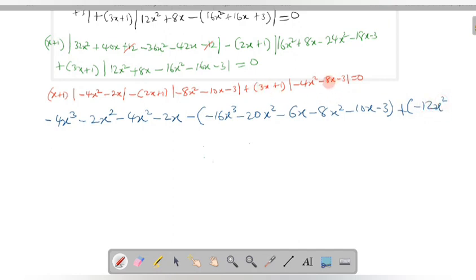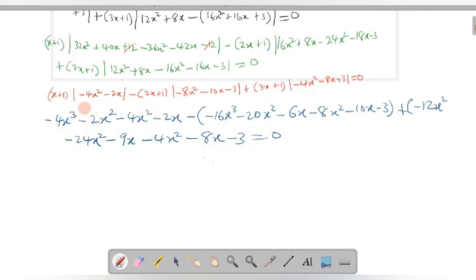Then 3x times minus 8x gives us minus 24x squared. Then 3x times minus 3 gives us minus 9x. Then 1 times minus 4x squared gives us minus 4x squared. 1 times minus 8x gives us minus 8x. 1 times minus 3 gives us minus 3. Everything is equal to 0.